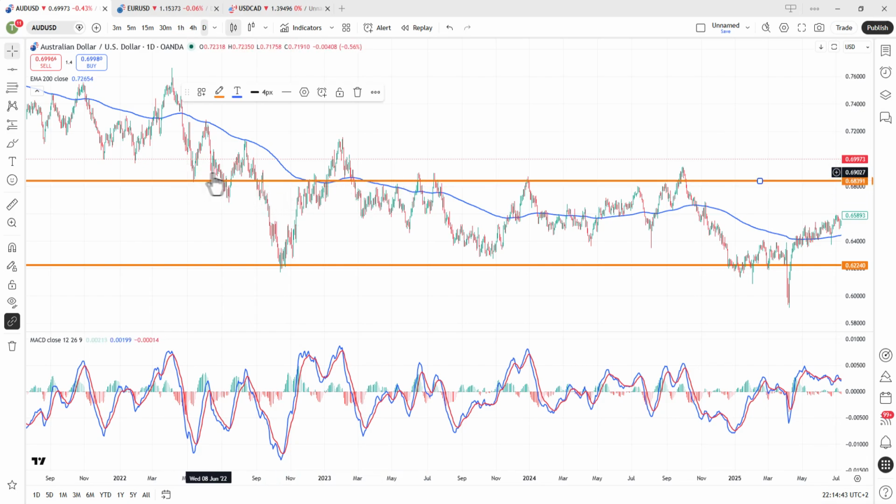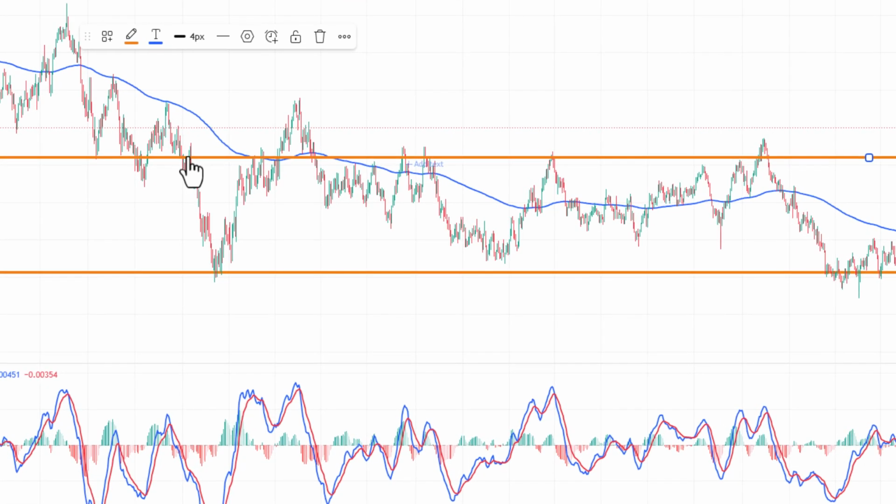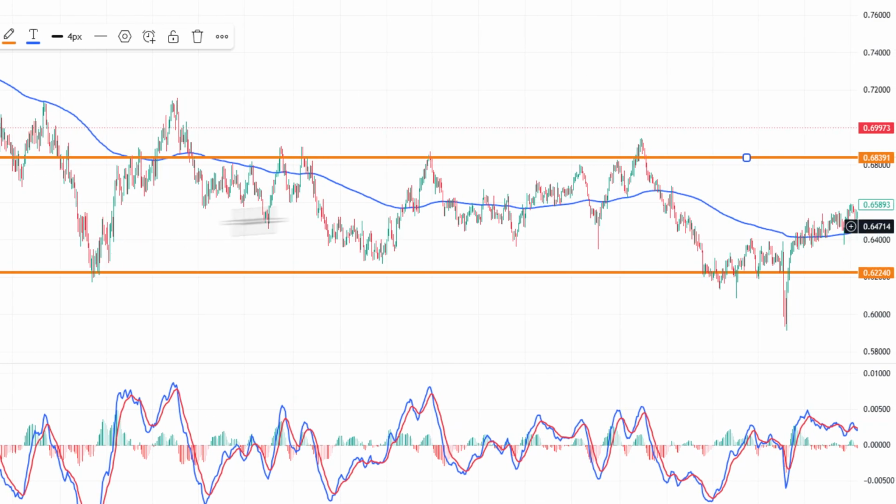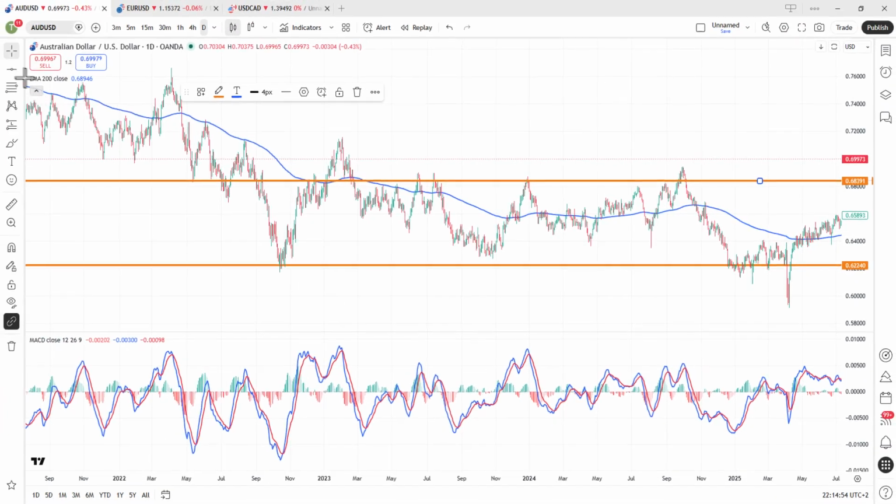So these are specific points on the chart where the price touches it and either rebounds and becomes a resistance area or bounces off and it becomes a support area.